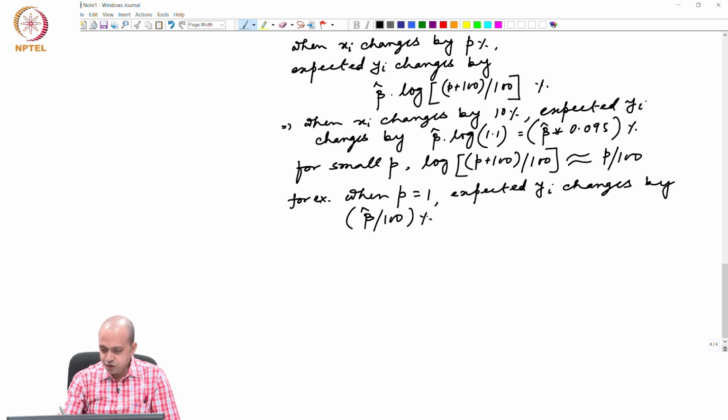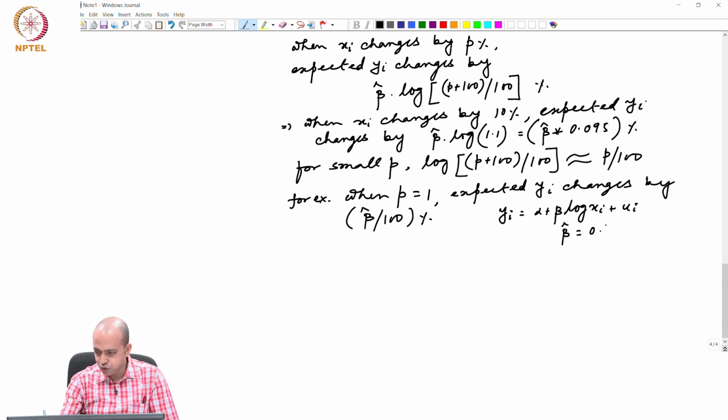Let us say after estimating your model, yi equals alpha plus beta log xi plus ui, you estimated beta hat equal to 0.50. This is your estimated beta hat.